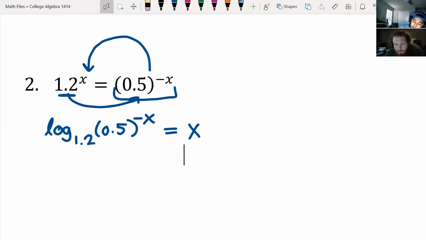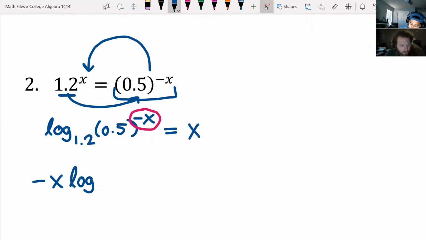And now we will use power rule on the left side. This negative x is coming to the front. Okay, so you'll get negative x times log base 1.2 of 0.5 equal to x.